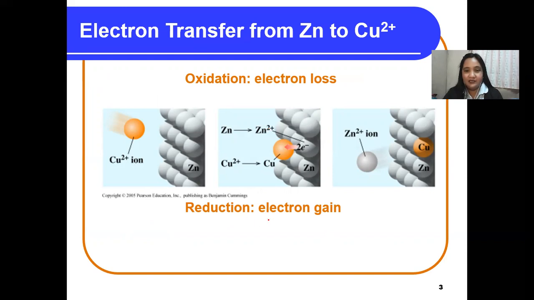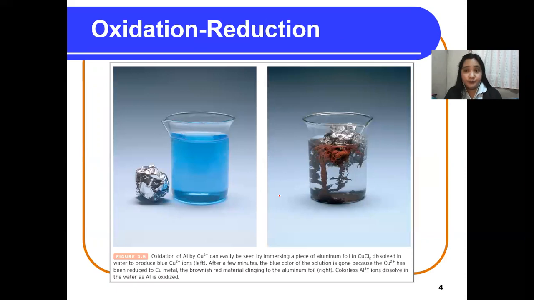So oxidation is again electron loss and reduction is electron gain. A very specific example is your aluminum and copper. When you submerge your aluminum in a copper chloride solution, you can see from the first picture that the aluminum is submerged in this copper solution.